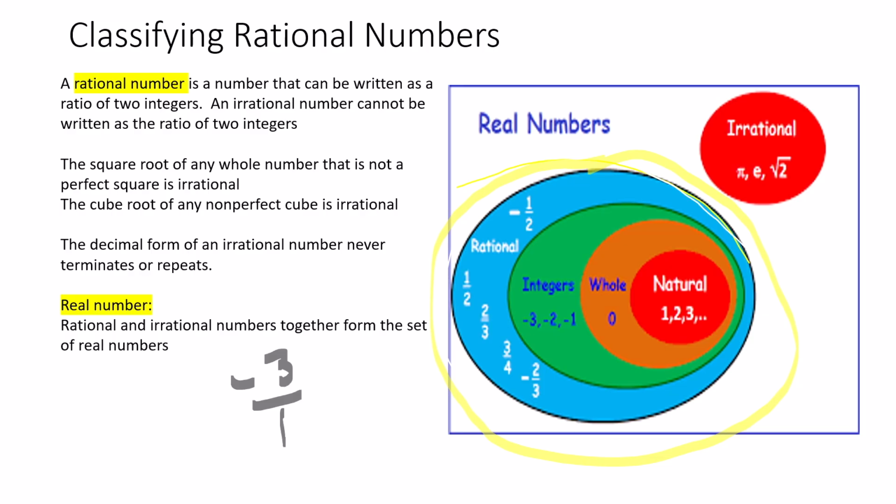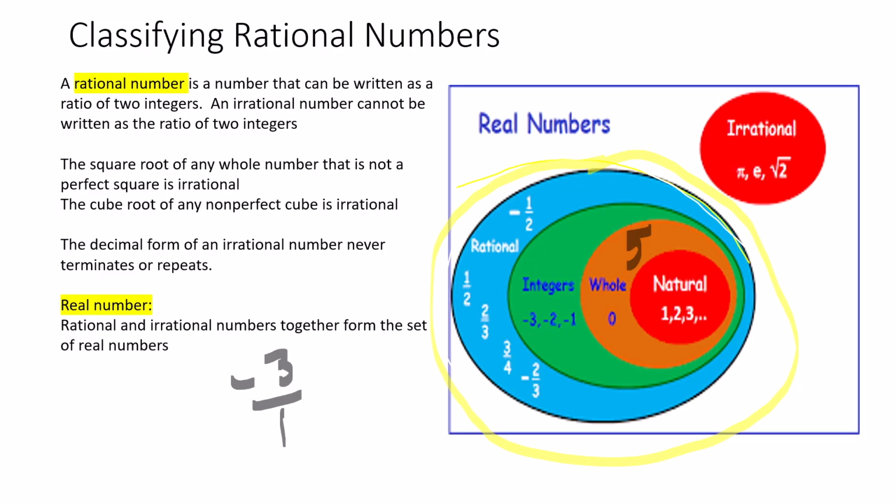Now, we can get even more specific. There's lots of numbers that are integers because 5 is also an integer, right? It's a positive number, but we can be even more specific and we can call 5 a whole number. Now, 5 would technically be a whole number, an integer, and a rational number.